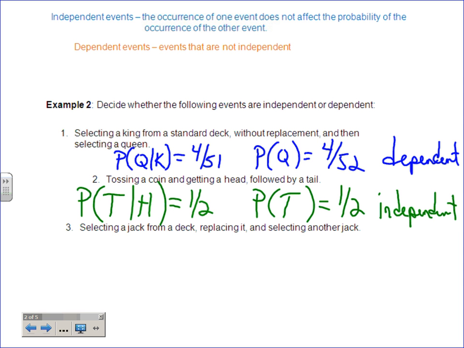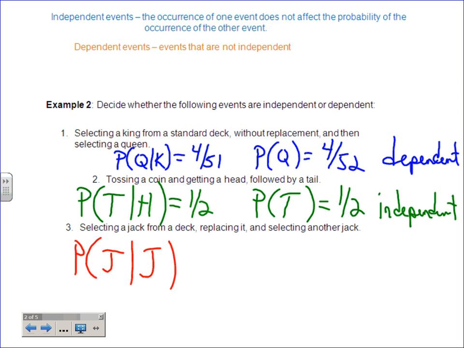How about selecting a jack from a deck, replacing it, and selecting another jack? This is kind of hard, but you can do that pretty easily, notationally. Well, that looks very difficult. So how can I notationally help myself out here? Should I do it squared? No, probably subscript would be better. Where should the 2 go for subscript? On the first one, the one on the left, or the one on the right?